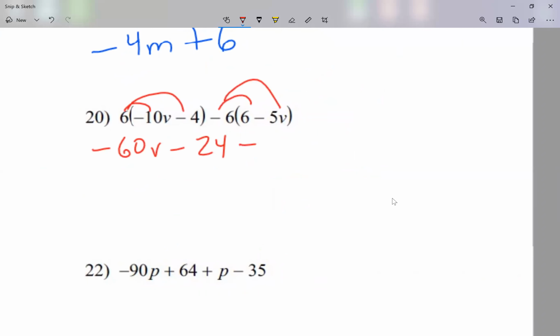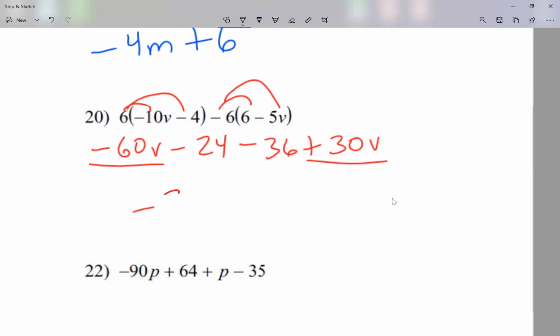That's going to give me negative 36 plus 30v. Now let me combine those that do have a letter. Negative 60 plus 30, signs are different, so I have to subtract my numbers, keep the sign of the large one. So I'm going to call this negative 30v.